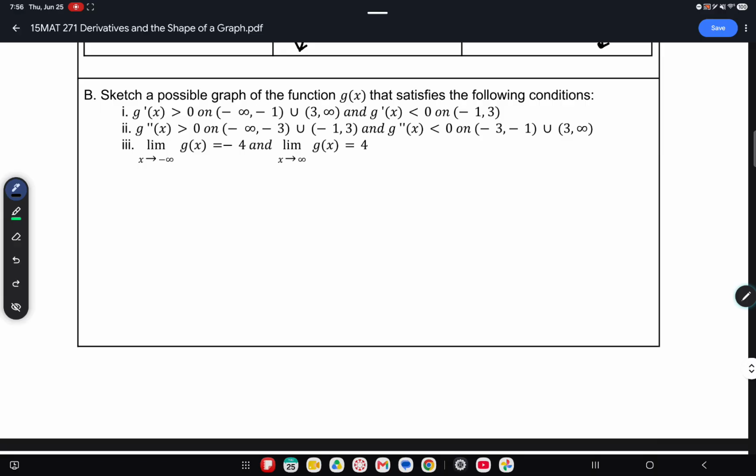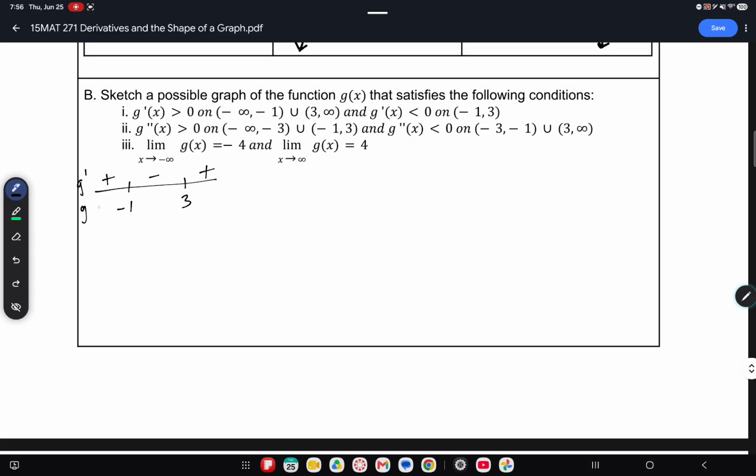So, we have first derivative is positive. I'm going to draw some things out. First derivative looks like we have -1 and 3 as values here. So we are positive from -infinity to -1 and from 3 to infinity, and negative from -1 to 3.